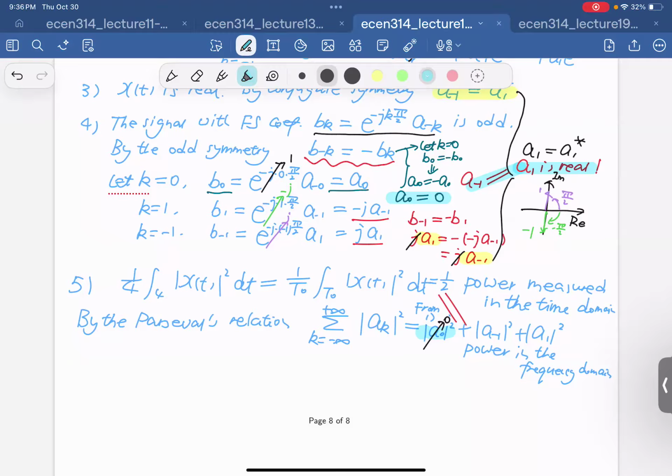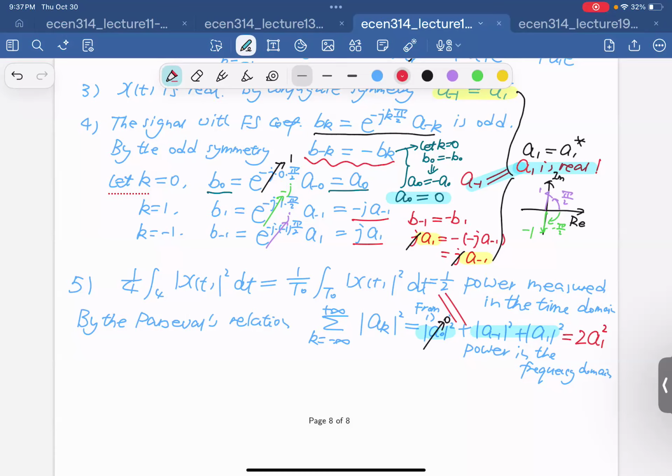Even if it's absolute value, it doesn't matter because I have the square. Then if I add them up together, I end up having 2 times A1 squared. Isn't it?